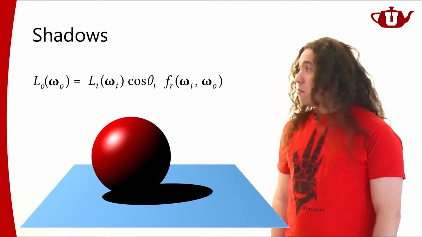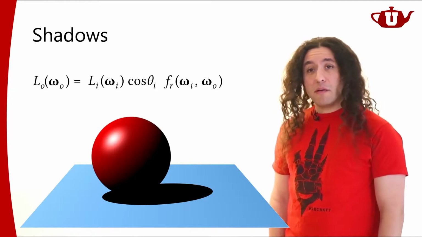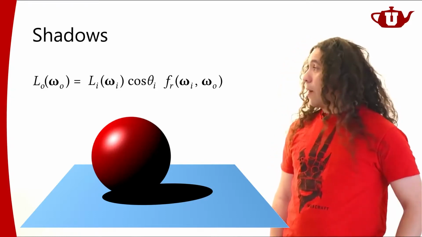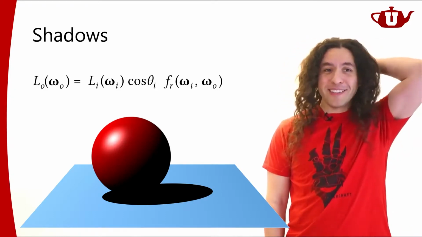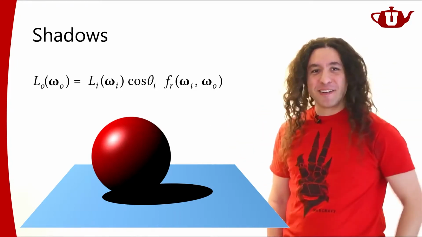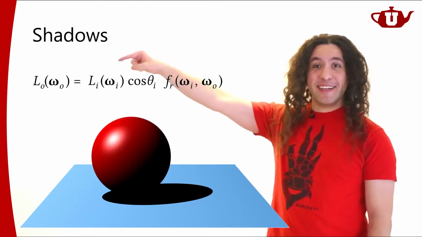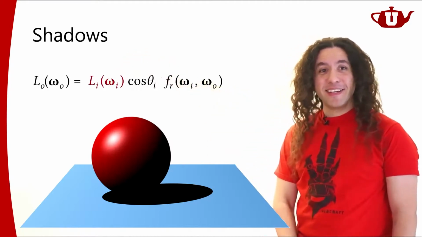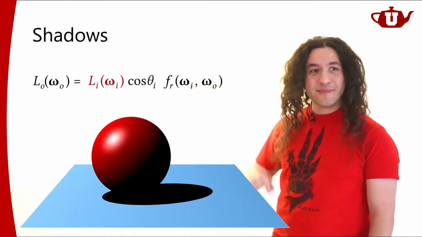But where's the shadow here? It's got to be somewhere, right? It cannot be nowhere. This is the rendering equation. It must include everything. It's hiding in here, in the lighting term.